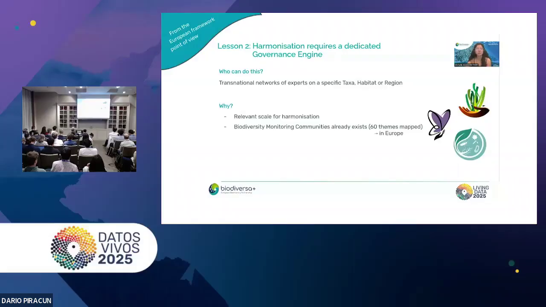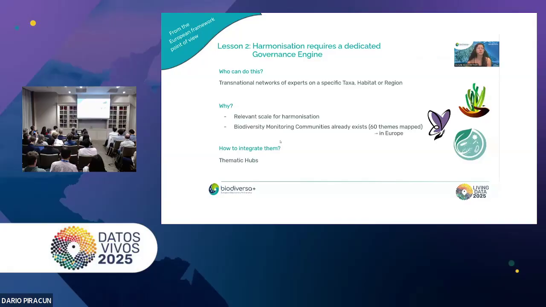They take different forms and functioning, of course, but we have mapped 60 thematic monitoring communities from all realms, whether it's taxa or habitat. And this would be, for example, a bird monitoring community, butterflies, Posidonia, soil biodiversity, just to cite some very well-known ones.